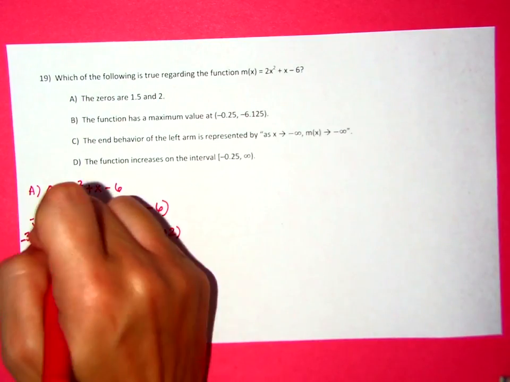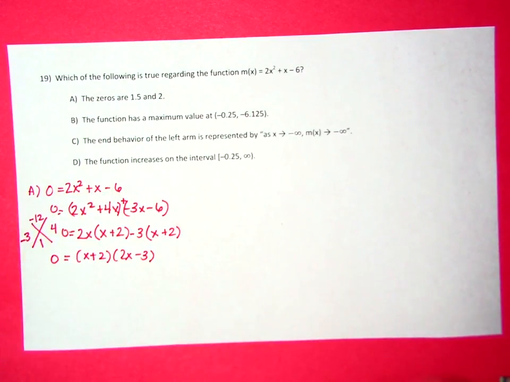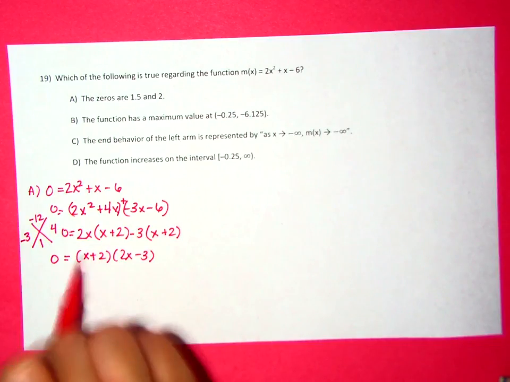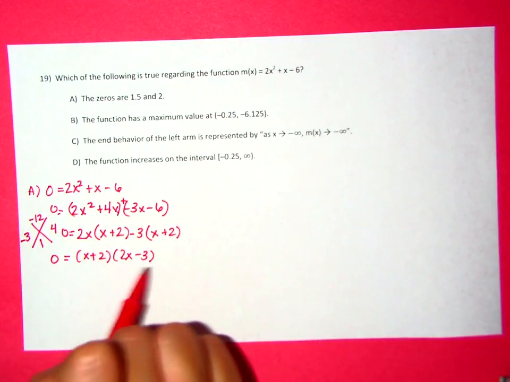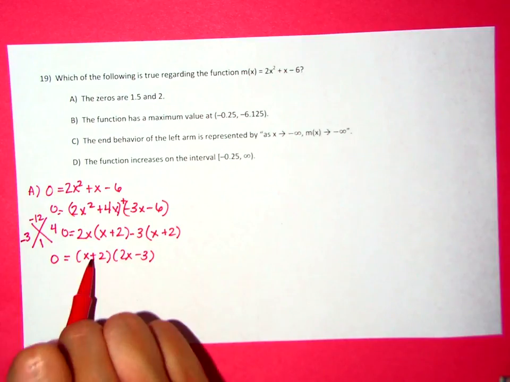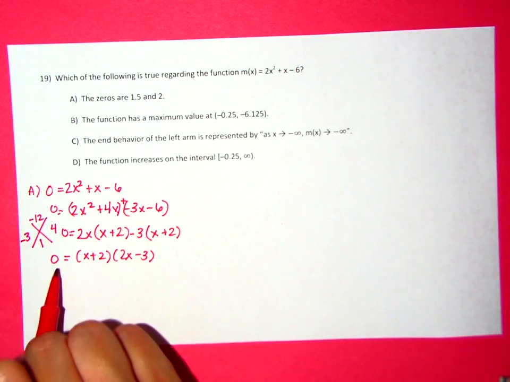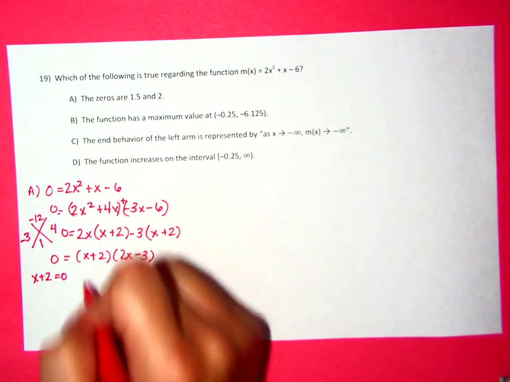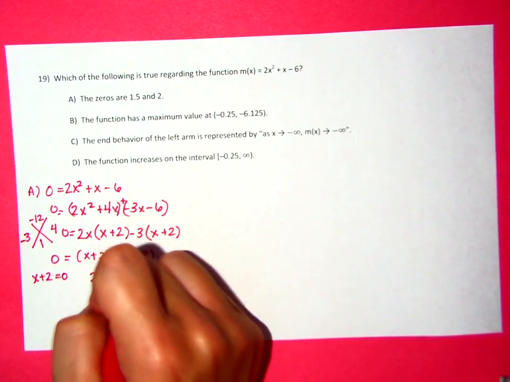So this whole time each of these was going to equal 0. Well, we're going to use the zero product property, which says if I can make this thing here equal to 0, then this whole side is going to be equal to 0, because 0 times anything is always going to result in 0. So I'm going to try to get this to equal 0, and I'm also going to figure out what the factor is if that one was set equal to 0.